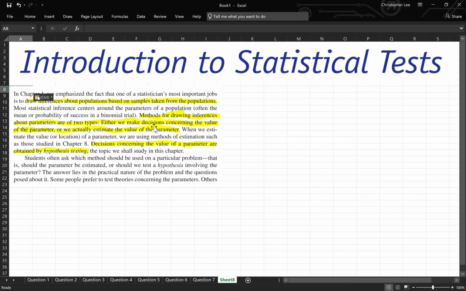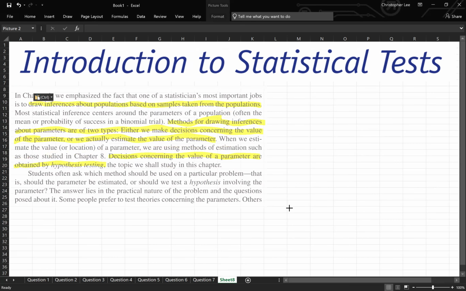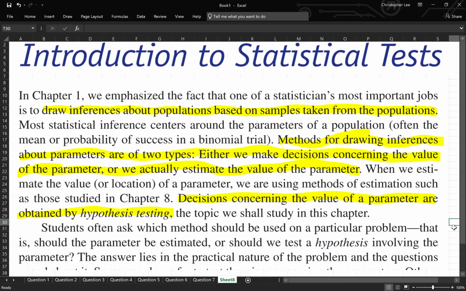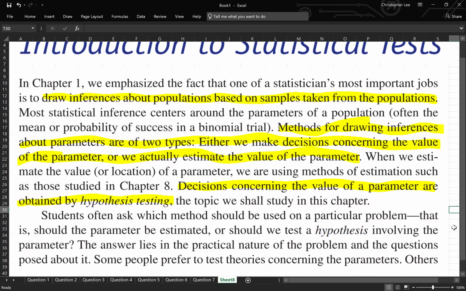So just to bring this back. In chapter 1, we emphasized the fact that one of a statistician's most important jobs is to draw inferences about populations based on samples taken from the populations. Most statistical inference centers around the parameters of a population, often the mean or probability of success in a binomial trial.